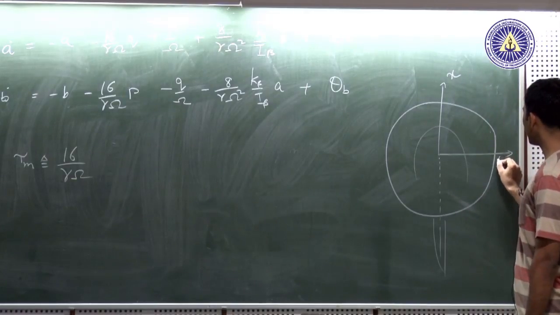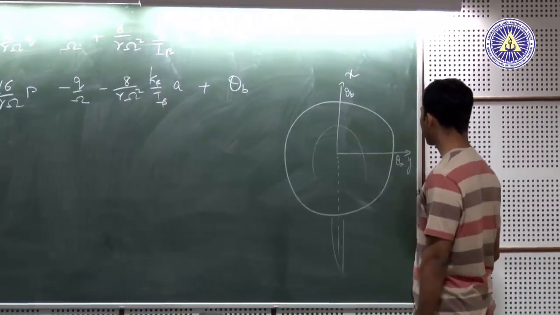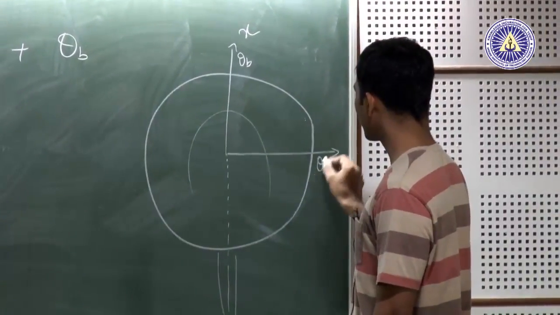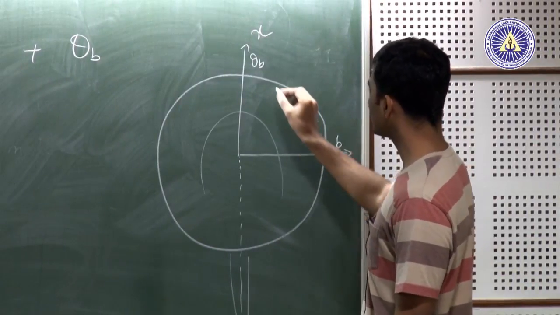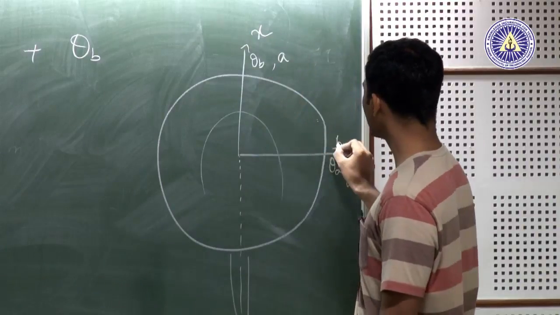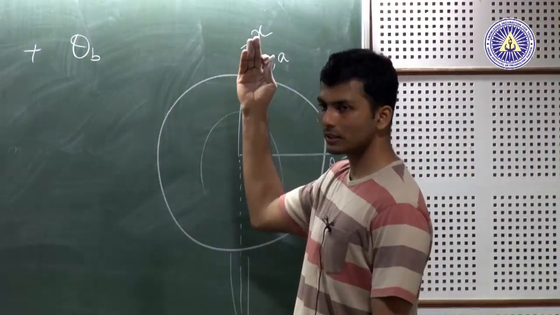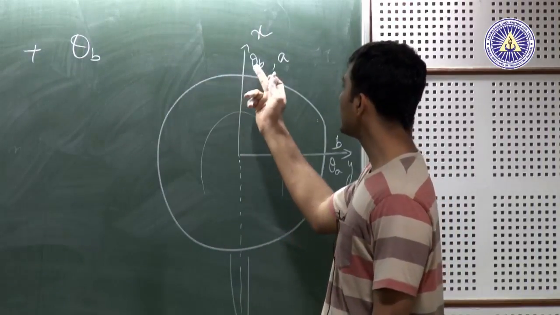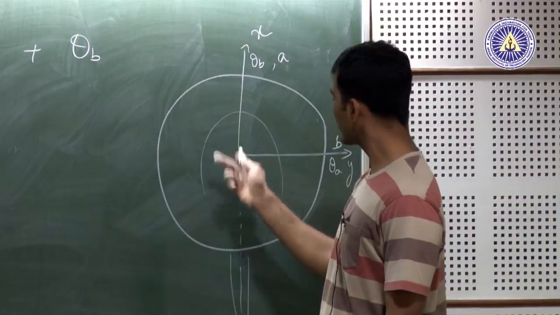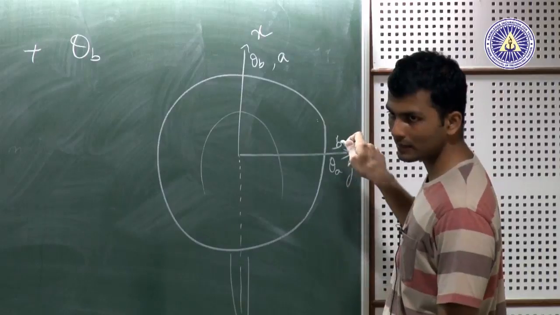So theta A is defined here, theta B is defined here, and B is defined here and A is defined here. So A is the flap angle at this azimuthal location, and theta B is the blade pitch angle at this azimuthal location. And theta A is the blade pitch angle at this azimuthal location, and B is the flap angle at this location. Okay.